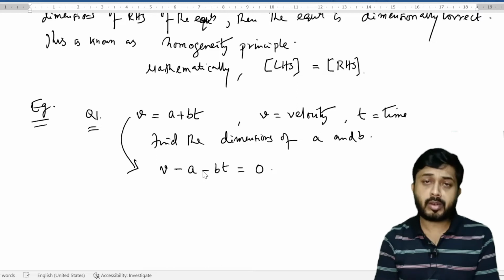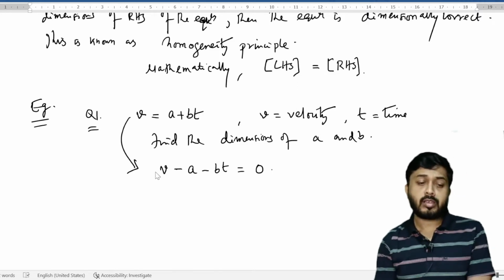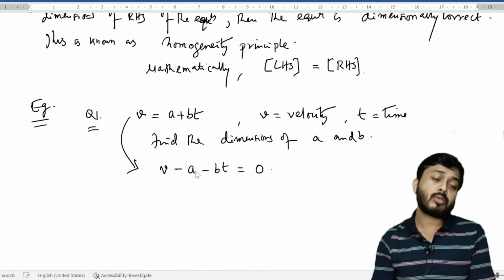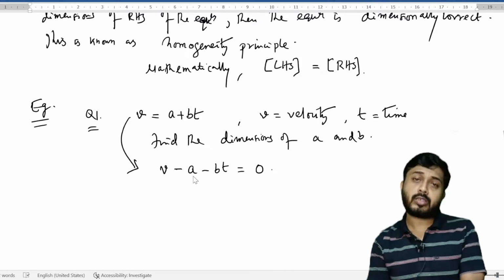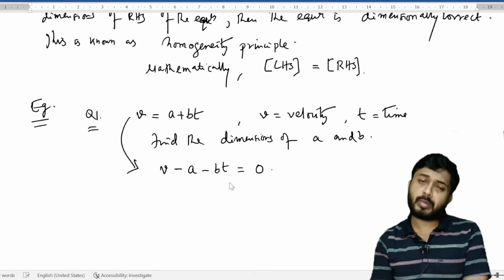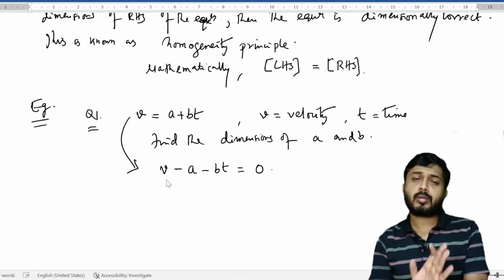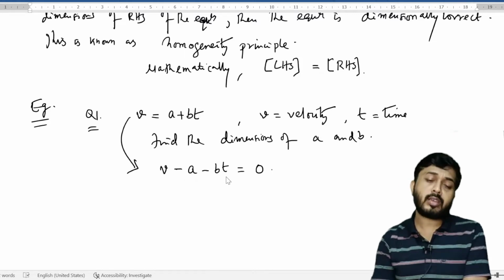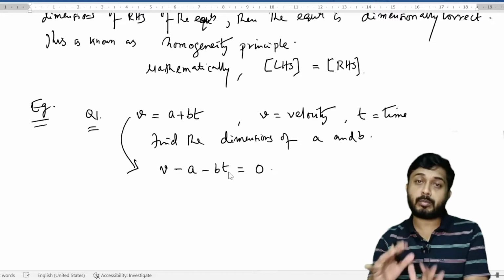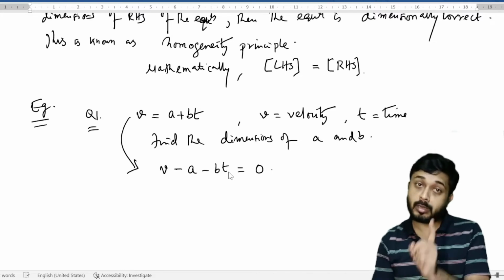That is what the principle of homogeneity says, isn't it? Dimensions of V is supposed to be equal to the dimensions of A, which is equal to the dimensions of BT, B multiplied by T together. Keep it in mind.